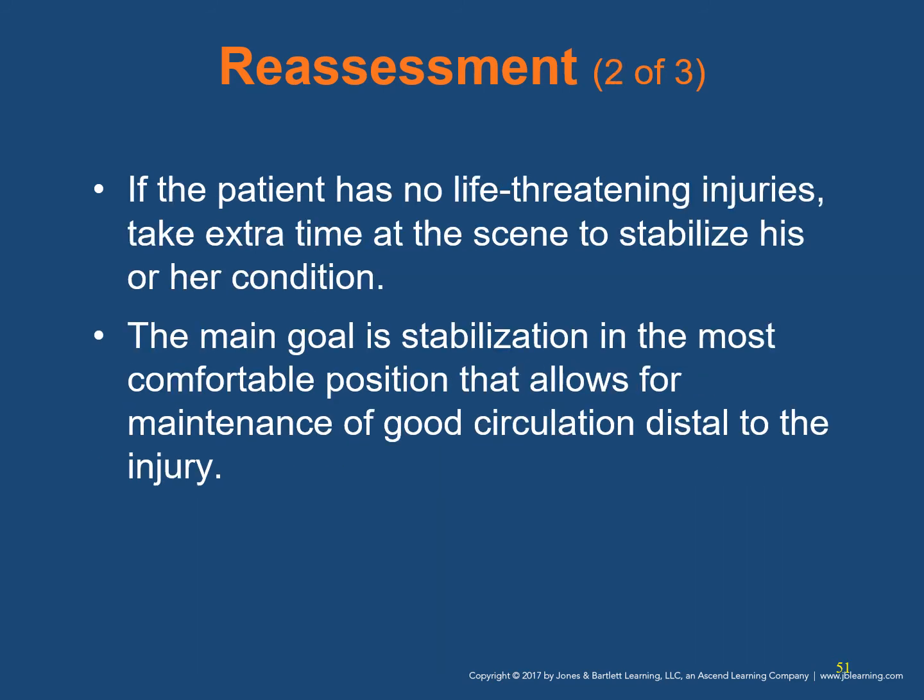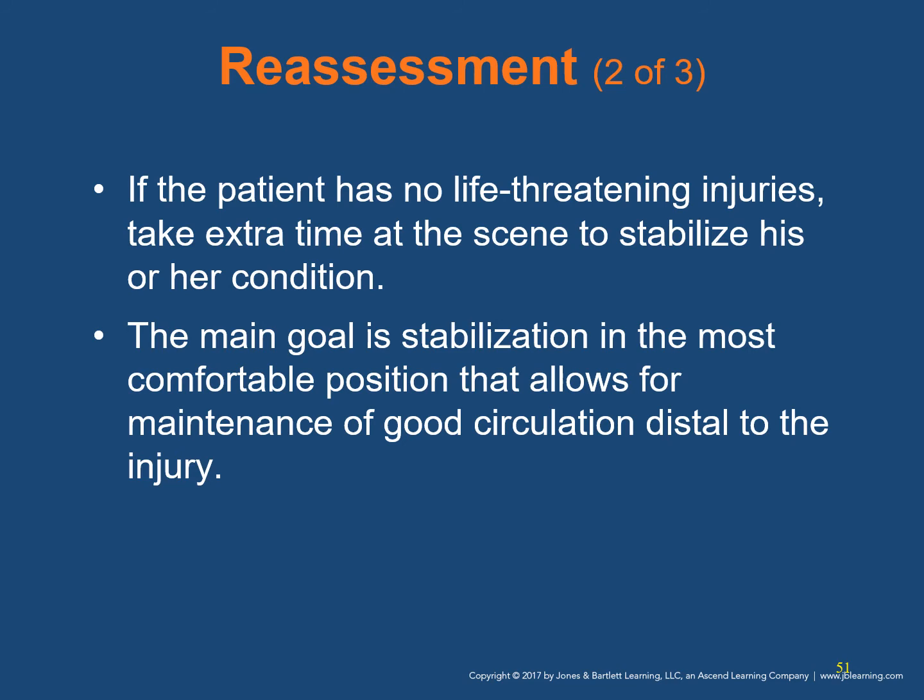If the patient has no life-threatening injuries, you may take extra time at the scene to stabilize the patient's overall condition. Remove the patient's clothing to look for open fractures or dislocations, severe deformity, swelling, and/or ecchymosis. When you have finished assessing the extremity, apply a splint, commercial or otherwise, to stabilize the injury prior to transport.